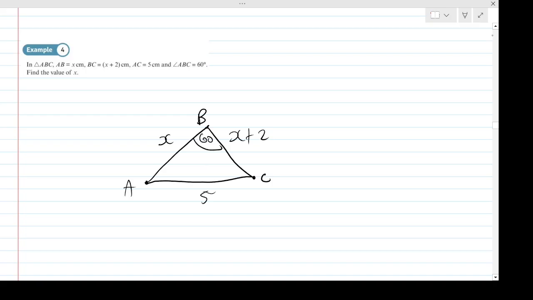Firstly, the cosine rule is a squared equals b squared plus c squared minus 2bc cosine of A. I'm restating that so it drills into people's minds.